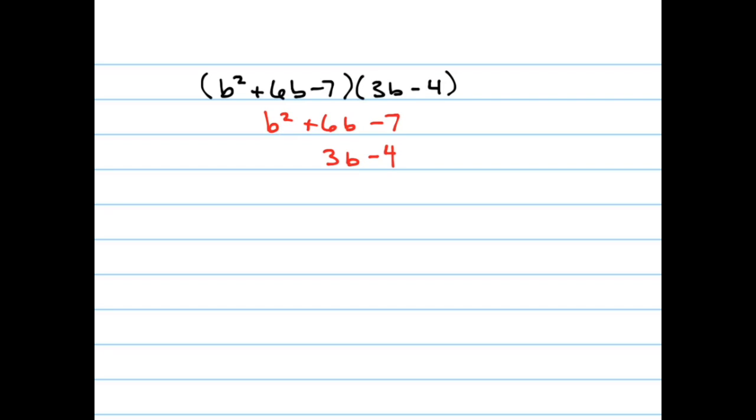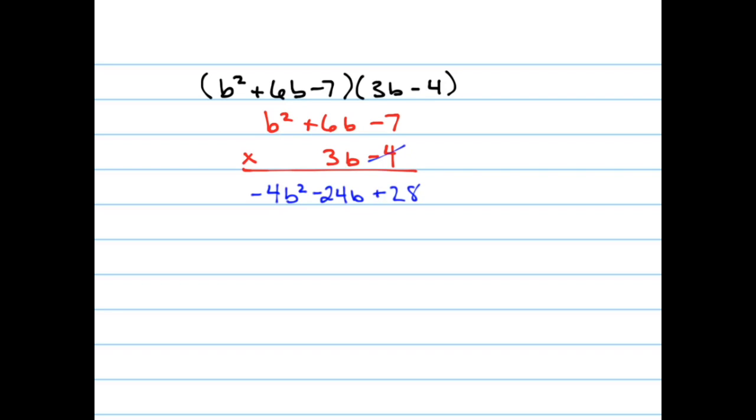And I approach it the same way I approach this type of multiplication in elementary school. I do negative 4 times negative 7 first, and negative 4 times negative 7 is positive 28. And I do negative 4 times 6b, which is negative 24b. And negative 4 times b squared, which is negative 4b squared. So that took care of the negative 4.